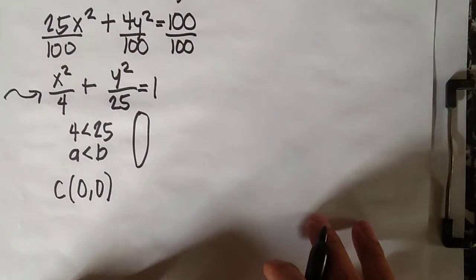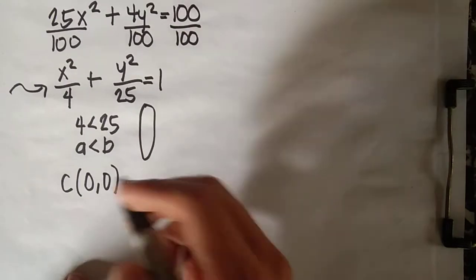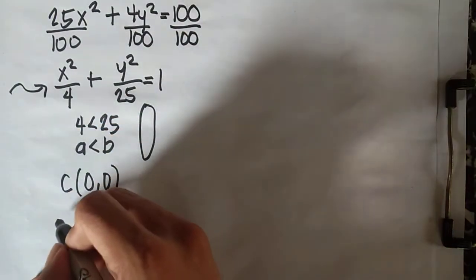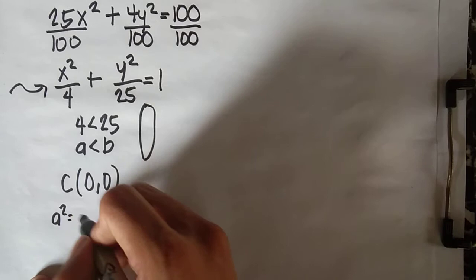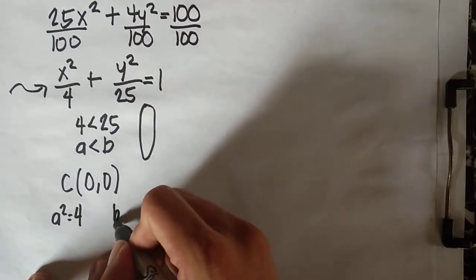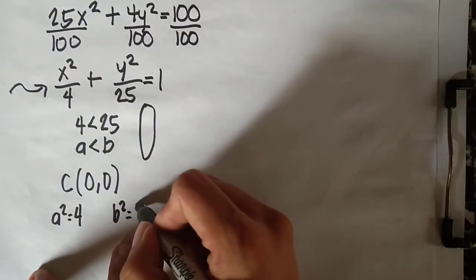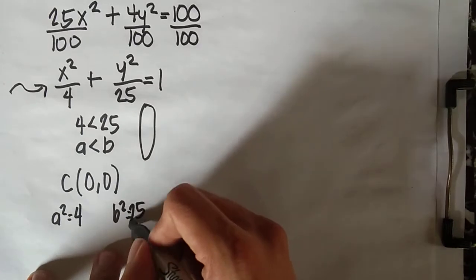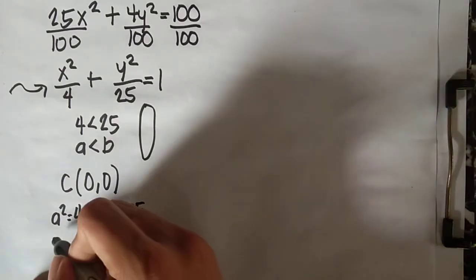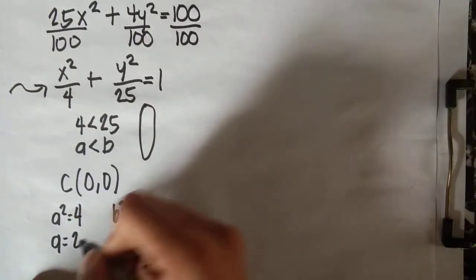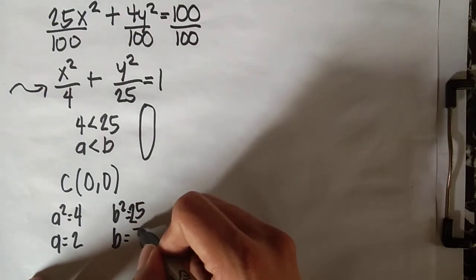And then, since meron tayong 4 as its A squared is equals to 4, and our b squared is equals to 25. So, yung a natin is equal to 2, and b is equal to 5.